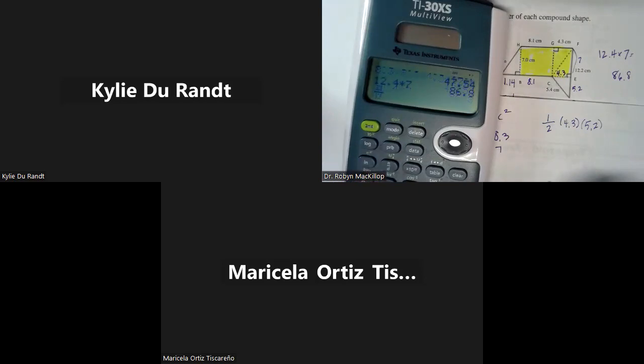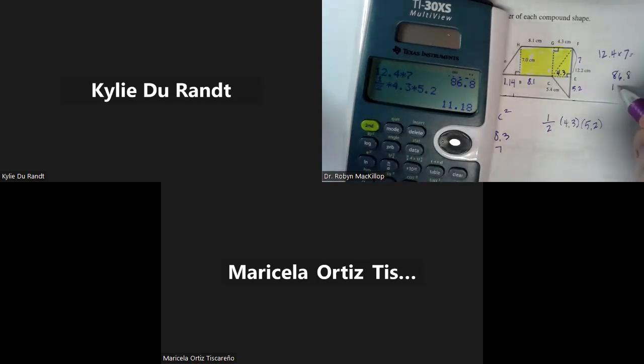We've got the fraction button, 1, arrow down, 2, arrow over, times parentheses 4. Oops, I don't need to do both. You either do the parentheses or you do the times. 4.3 times 5.2. 11.18. So we add that to this portion.